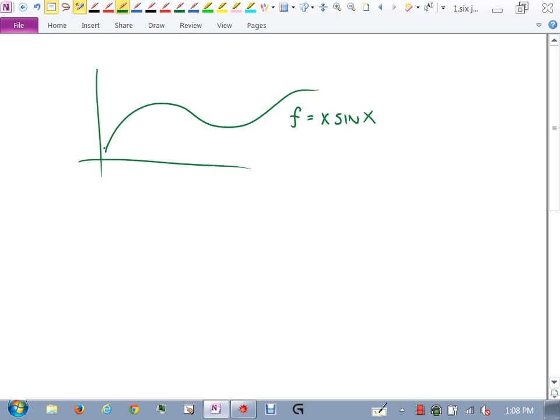I mean, it's not too bad, x sine x. I could ask you to take the derivative of it in Cal 1, and you would have to use what? Product rule, right? But in Cal 2, what do I take the derivative of to get that? What about that x in front, though?